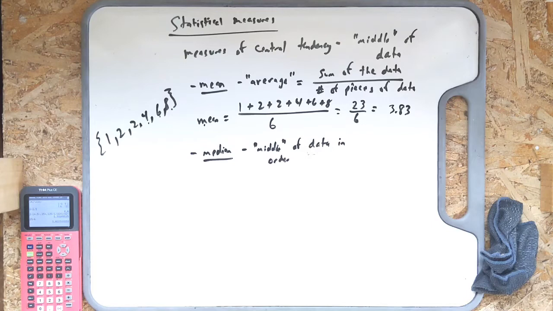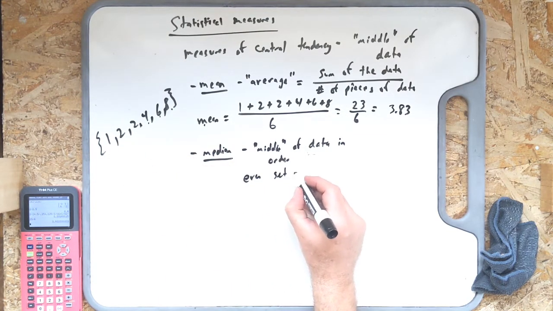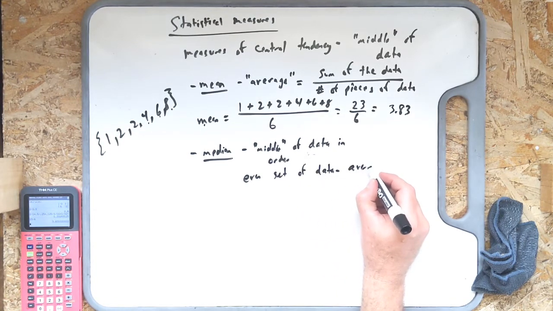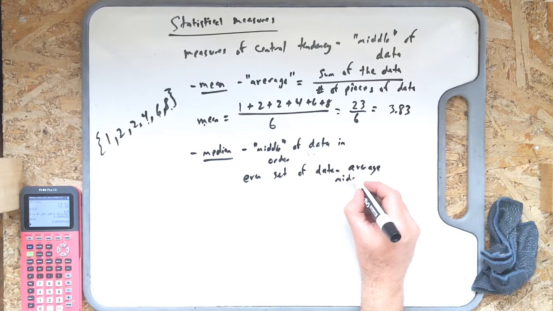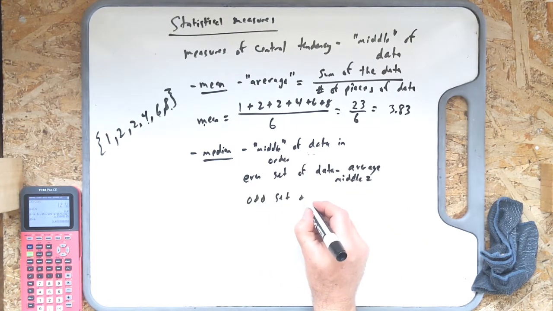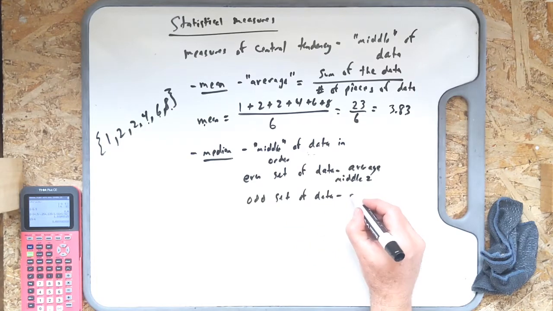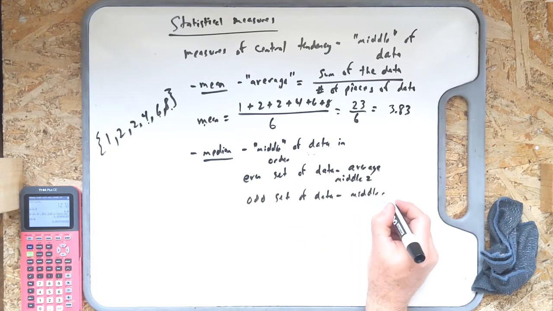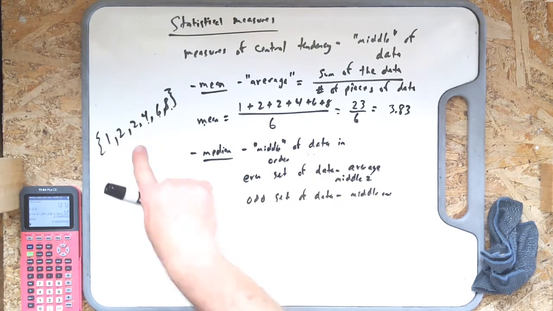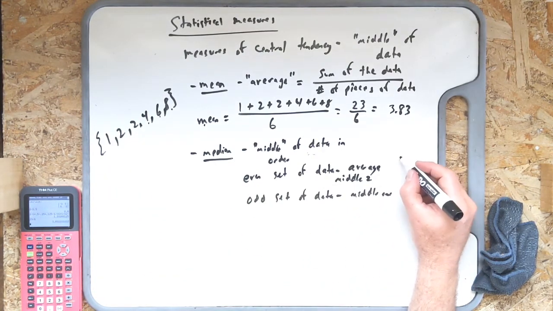So the way you calculate it, if it's an even set of data, you average the middle two. If it's an odd set of data, you just take the middle one. So in this case, it's an even set, so it's somewhere between 2 and 4, so you just take the average of 2 and 4.